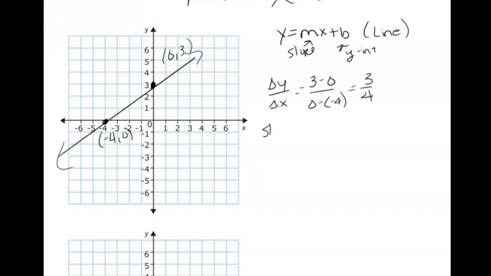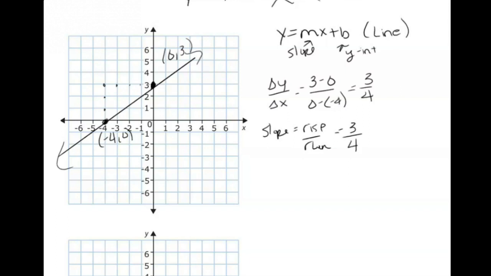Or, remember we talked about how you could count. You could find the slope by using rise over run. So if you started at this point, 1, 2, 3, and then you run to the right, 1, 2, 3, 4. So we know it was positive. That would be another way you could do it.